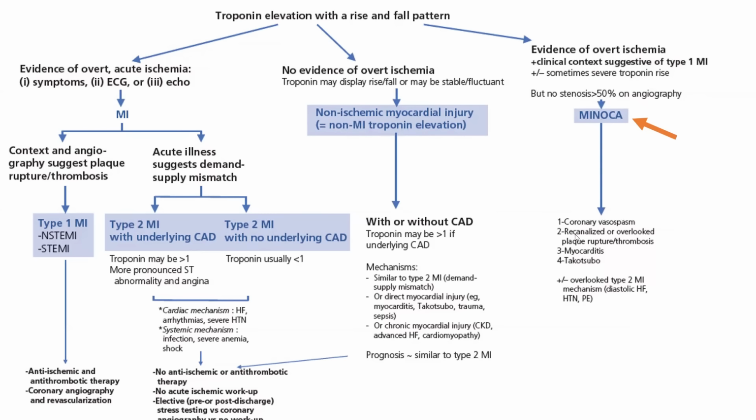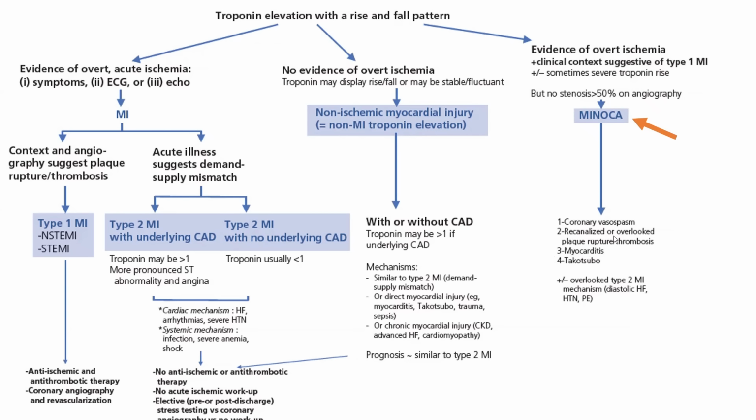The biggest one is that they did have a plaque rupture or thrombosis that recanalized spontaneously or with initial heparin and aspirin therapy, or that is overlooked. Maybe it's in a branch and you overlooked it. So that's the biggest diagnosis: recanalized or overlooked plaque rupture thrombosis. The second big diagnosis is myocarditis. The third is coronary vasospasm.